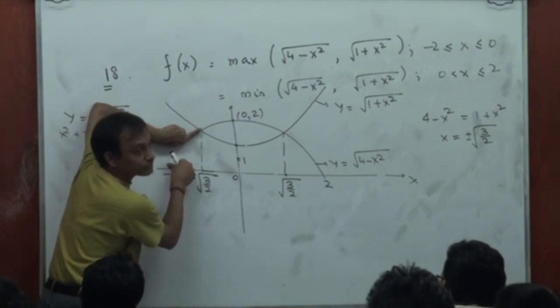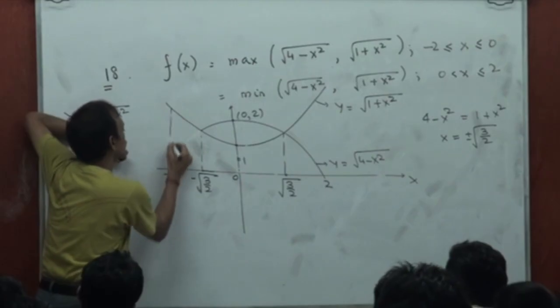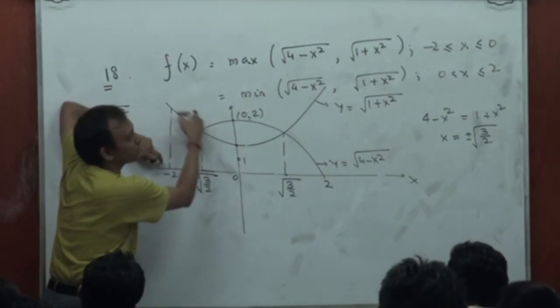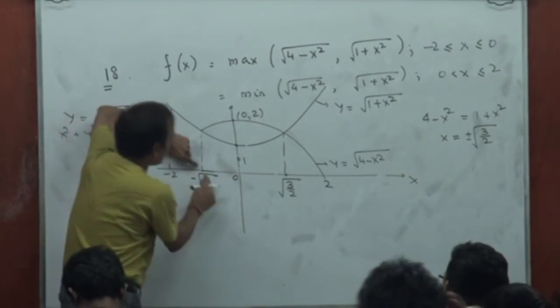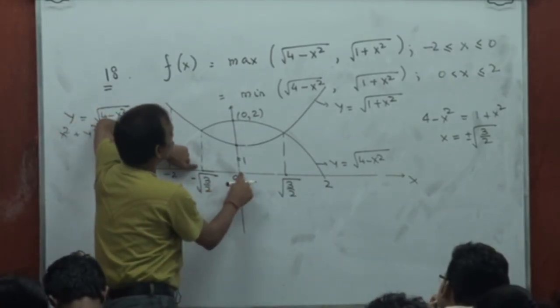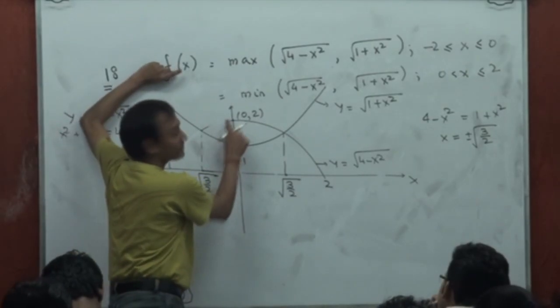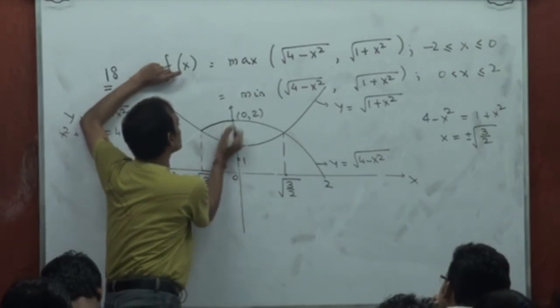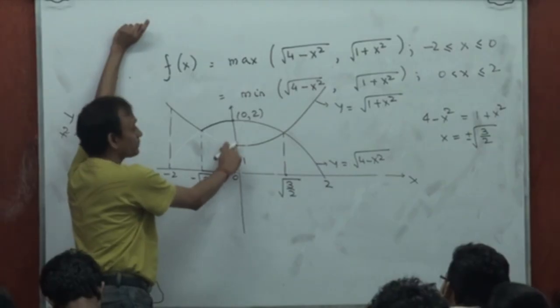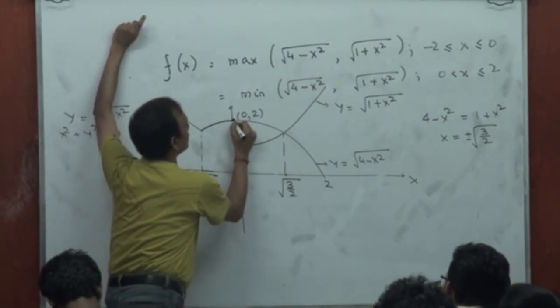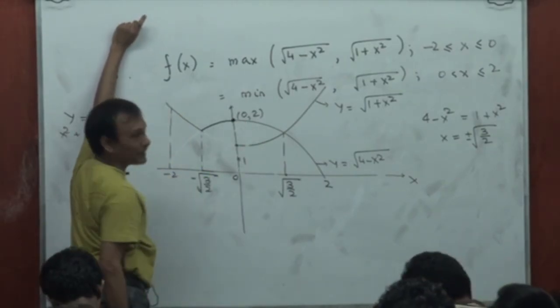From minus 2 to minus root 3 by 2, the higher one will prevail, root 1 plus x squared. Then from minus root 3 by 2 to 0, this one is higher. So this will stay and this will vanish. Right? At x equal to 0, it's this.